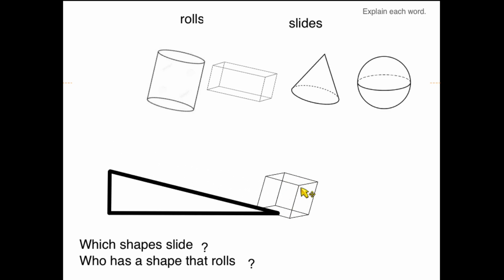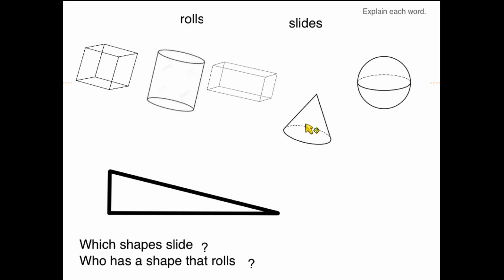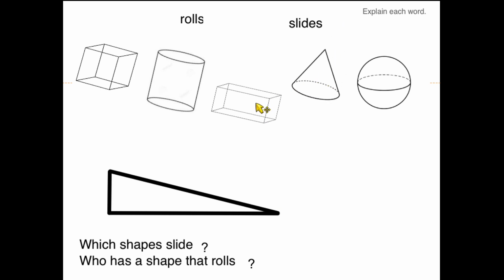It's not going to turn or anything. It's just going to start at the top and slide to the bottom. Same thing if we took this part of the cone, we put it on the ramp, it's just going to slide to the bottom. If we take the rectangular prism and we put it on the ramp, it's going to slide down. So the flat faces are going to slide.